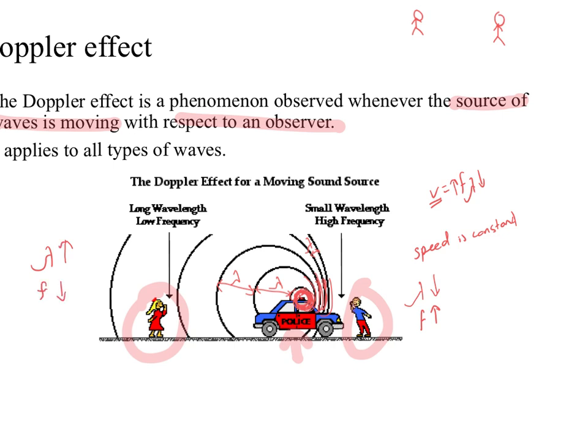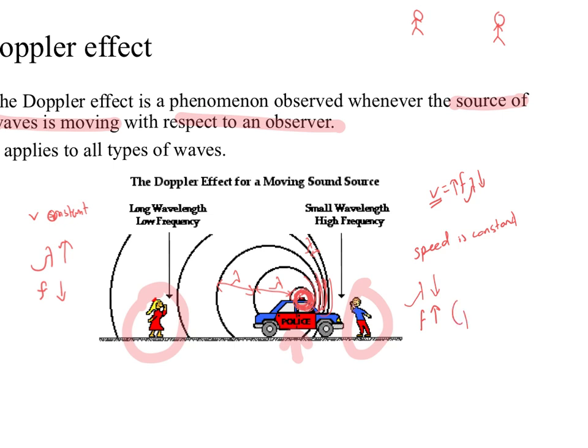Remember, the speed of the sound is constant in this case. Well, it always was constant. It's just that the frequency and the wavelength appear differently to us. So remember, the speed is constant. So this is where you experience the lower pitch sound, because the frequency is lower.